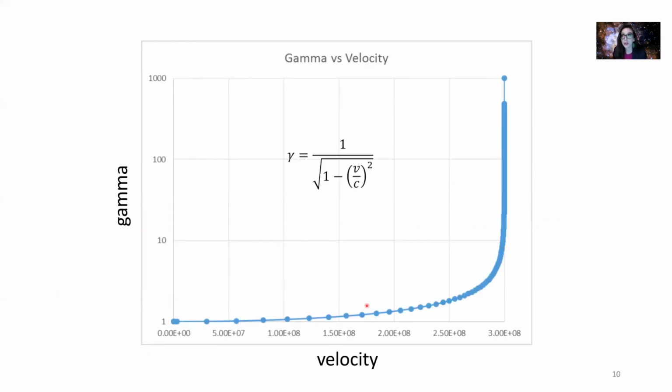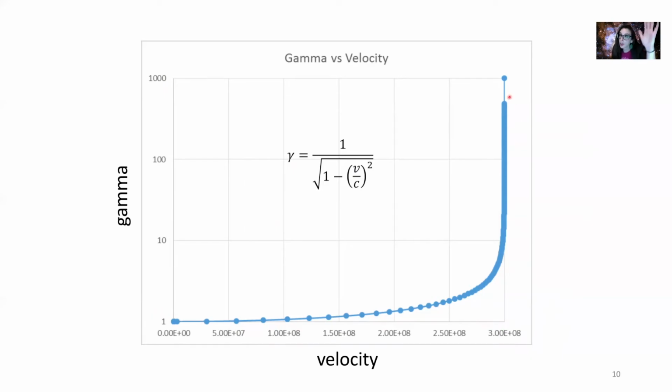This graph here shows us how gamma changes as the velocity changes. So as you approach closer and closer to the speed of light here, gamma is going to get bigger and bigger. Gamma is on the vertical axis, velocity is on the horizontal axis. As this v here increases from 0 and approaches the speed of light, this quantity gamma gets larger and larger.